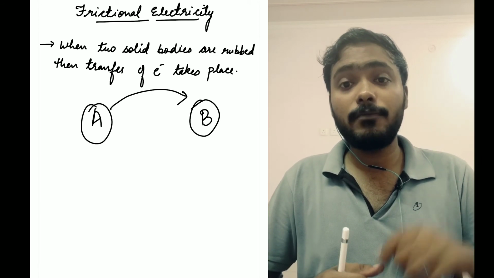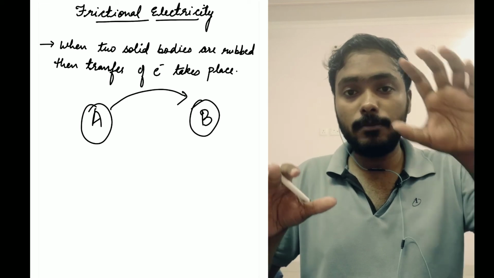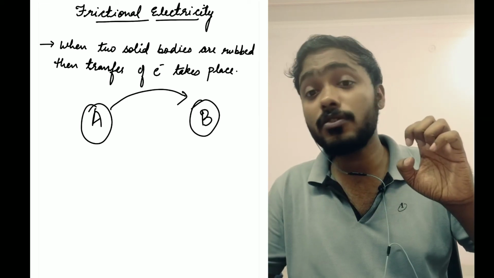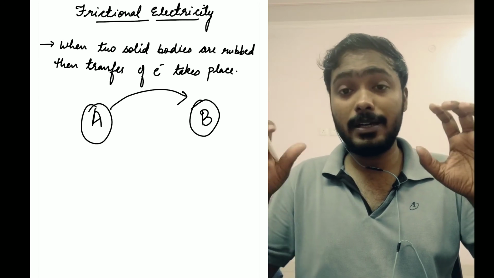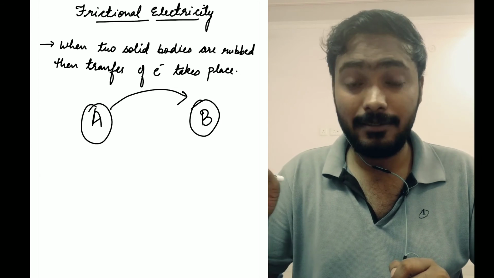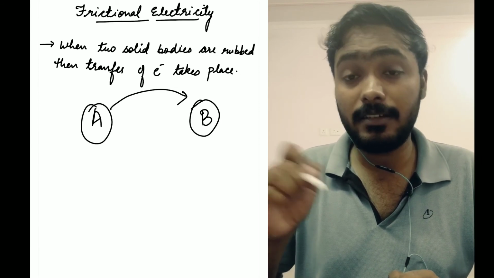The transfer will happen from the body in which the electrons are loosely attached to the body in which the electrons are strongly attached. But again, it will be in the form of ne, an integral multiple of plus or minus e.